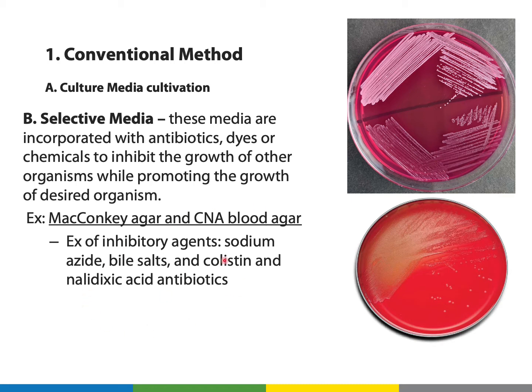The common inhibitory agents are sodium azide, which inhibits gram-negative over gram-positive organisms; bile salt, as I said, the common agent in MacConkey agar, which selects gram-negative enteric bacteria and inhibits mostly gram-positive bacteria; and colistin and nalidixic acid, antibiotics that inhibit the growth of many gram-negative organisms. Here you have a picture of MacConkey on top and CNA blood agar below.